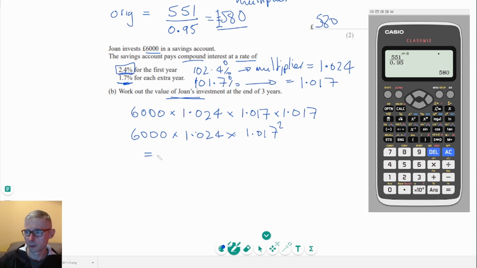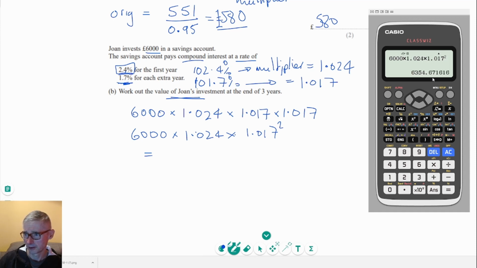So now all we need to do is put that into the calculator. We're going to take our 6,000 and times it by 1.024, and then times that by 1.017, squared, and that should just give me the answer.